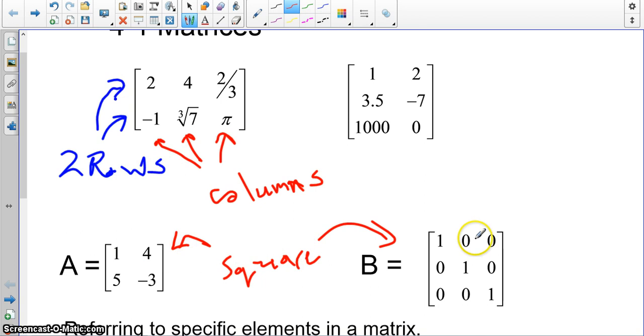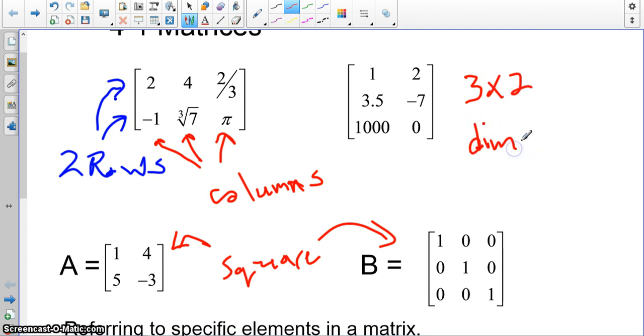This is how we refer to these: we say rows then columns. So this is a 2 by 3 matrix. This is a 3 by 2 matrix, and that's the dimension.